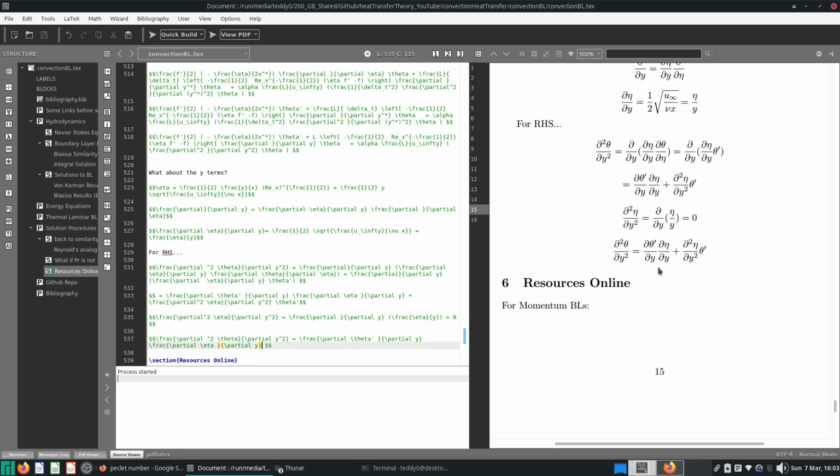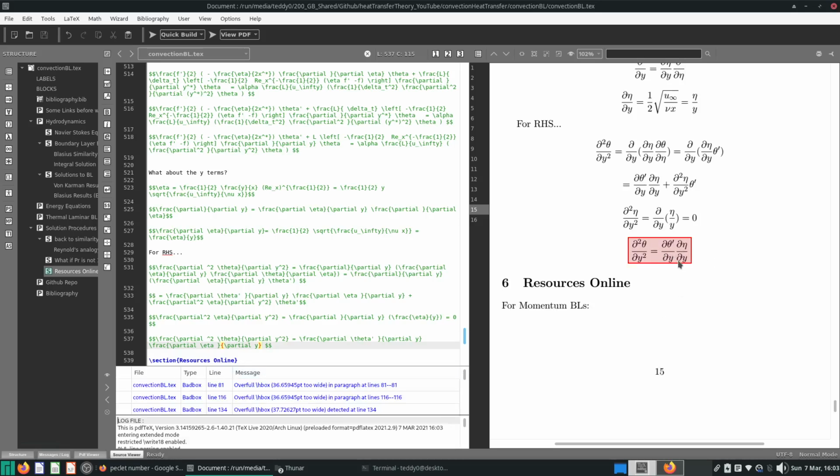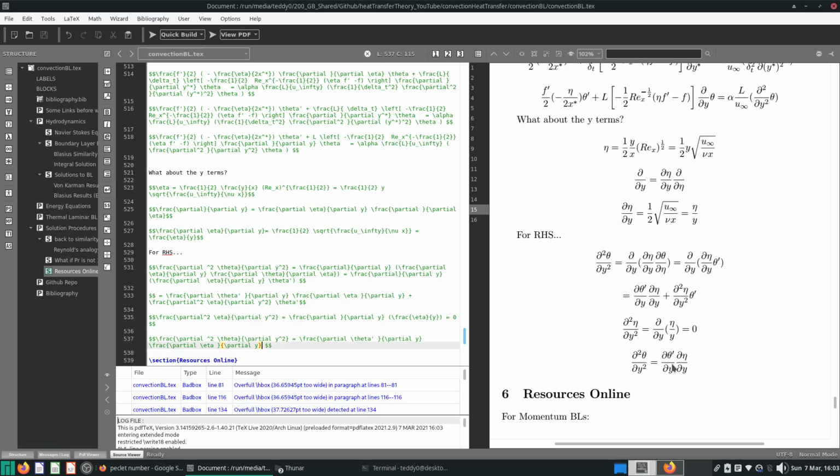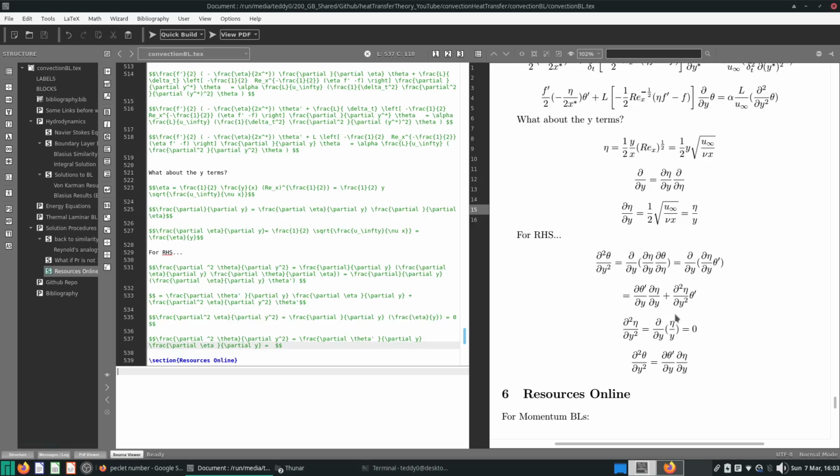Let's see. All right, so let's carry on. I mean, this bit you can just replace by partial eta partial y, so let's replace by this term.